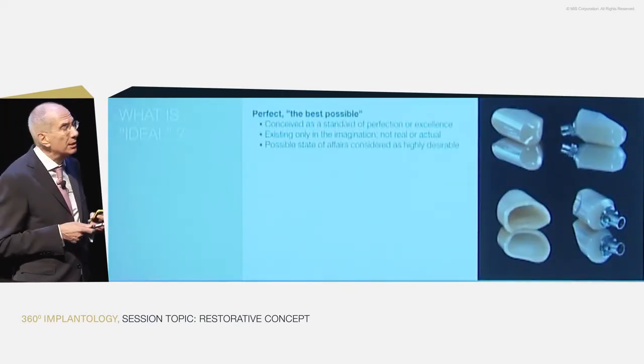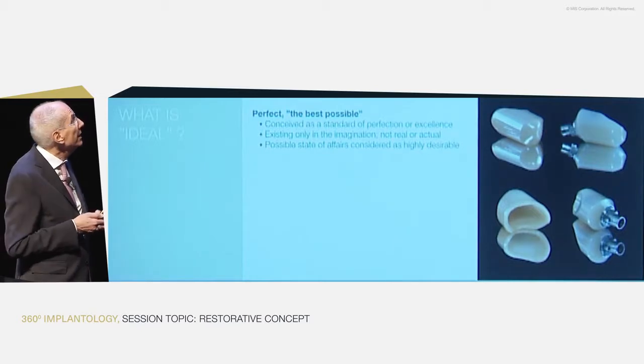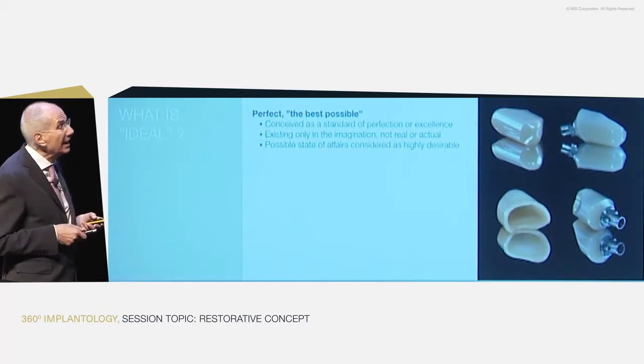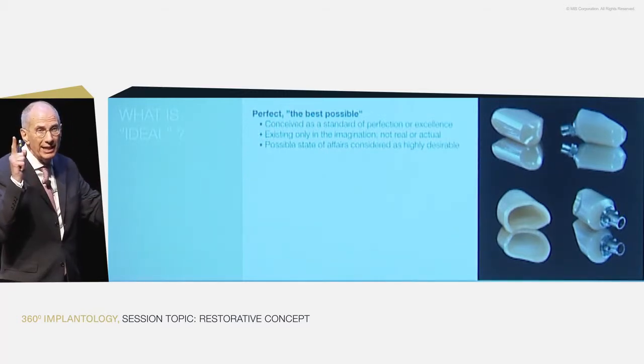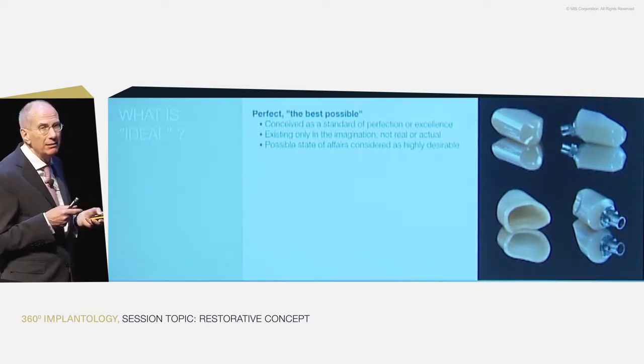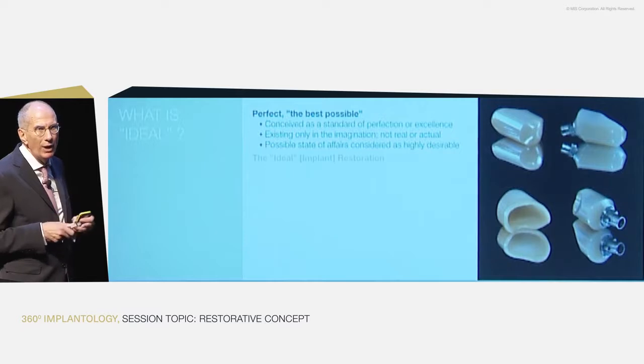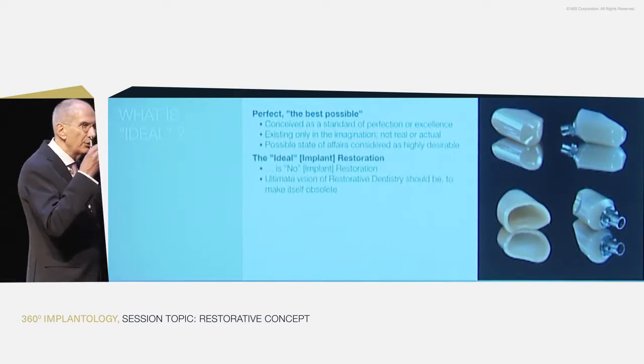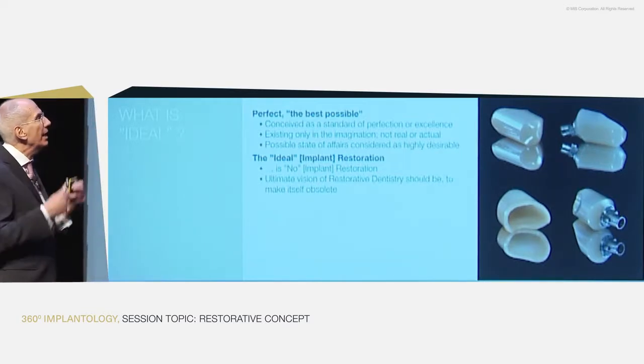Perfect or ideal means the best possible that we can achieve, or it can only be something that is highly desirable but we can never reach. So ideal is something that is not defined very well scientifically, but is something that we want to have as an aim and to reach.